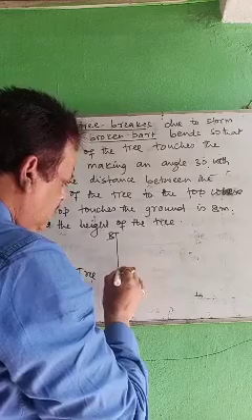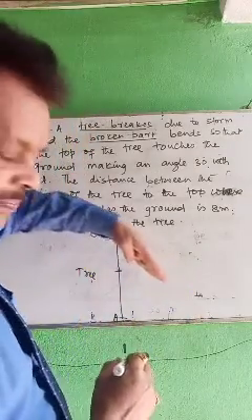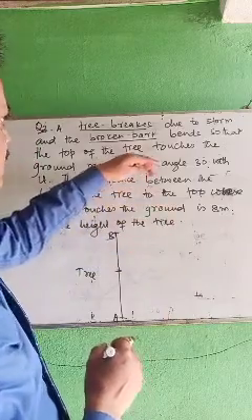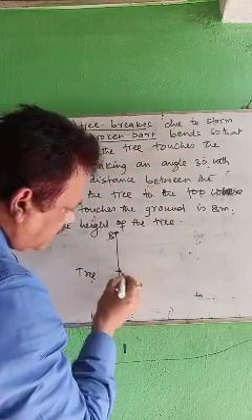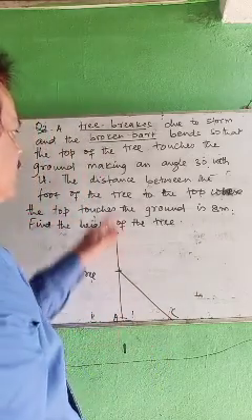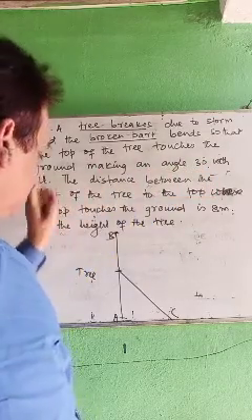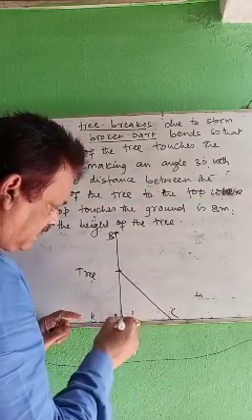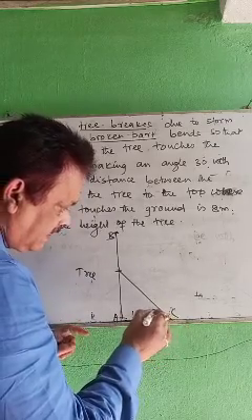Where will it go? It will toss like this, meaning the top touches the ground here. Suppose this is point C, making an angle of 30 degrees with it. This is 30 degrees.